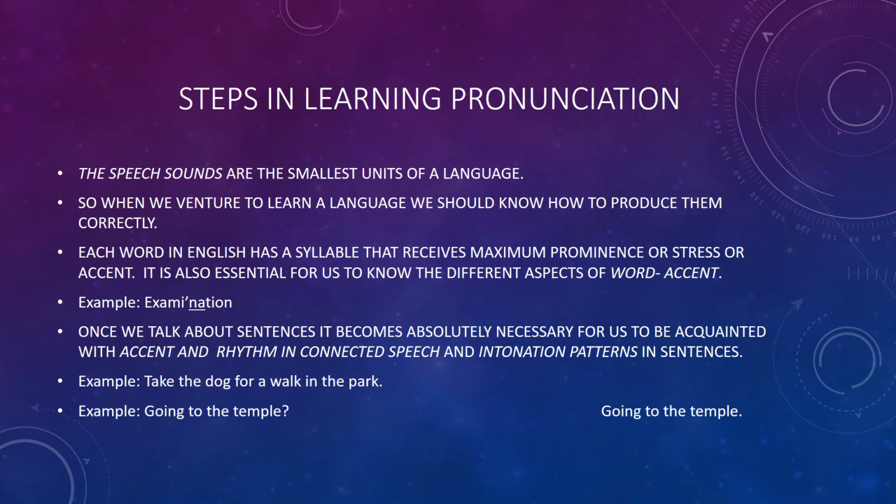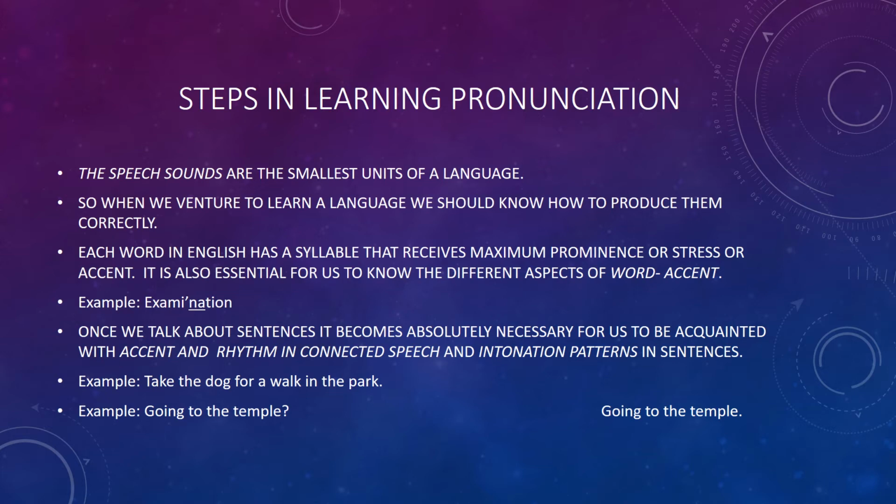You're going to take it for a walk. That is important over here. If I place the stress on the word park, take the dog for a walk in the park, the meaning is that you need to take it to the park only. You're not supposed to take it anywhere else. So this is what you call accent in connected speech.